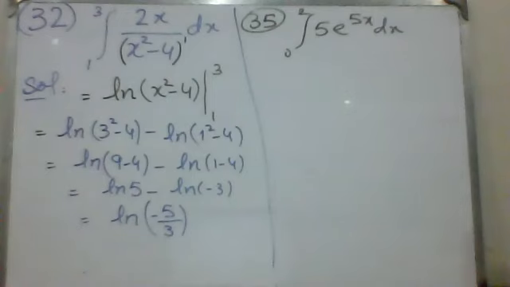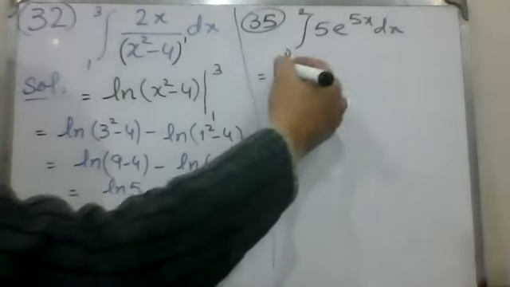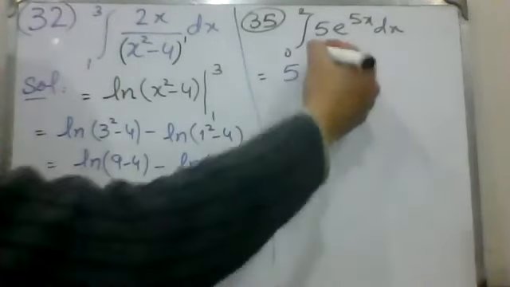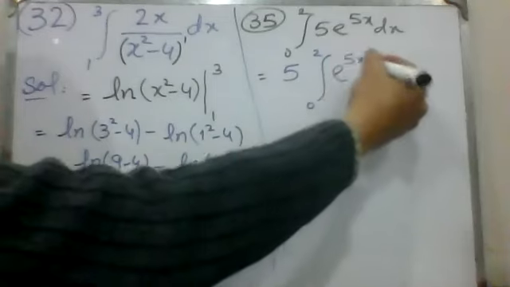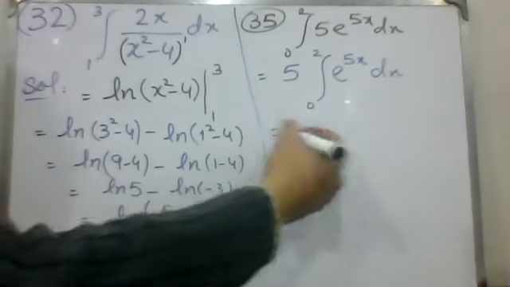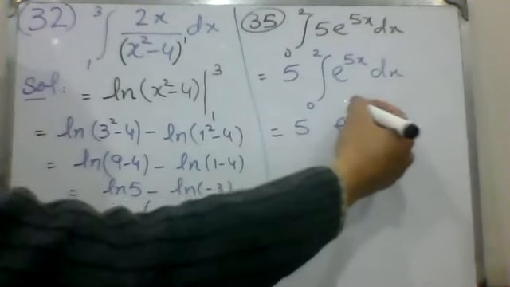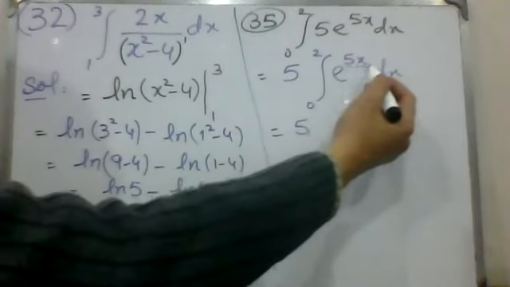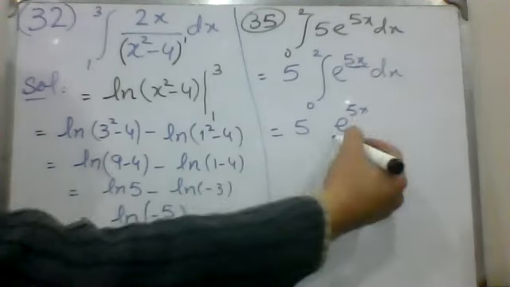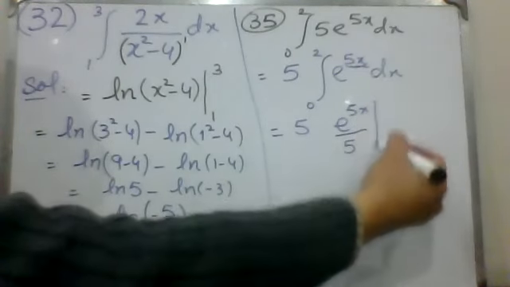First we shift the constant outside. Okay, first we shifted the constant term outside of the integral, that is 5 integral 0 to 2 e power 5x dx. Now integral of exponential is the same, but in power of 5x, derivative of 5x is what? 5. So we write in denominator 5.